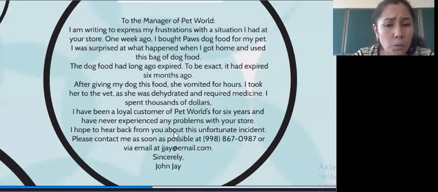After giving my dog, and it is what happened after that event, the result of the situation. So it should be there. After giving my dog this food, she vomited for hours. I took her to the vet as she was dehydrated and required medicine. I spent thousands of dollars.